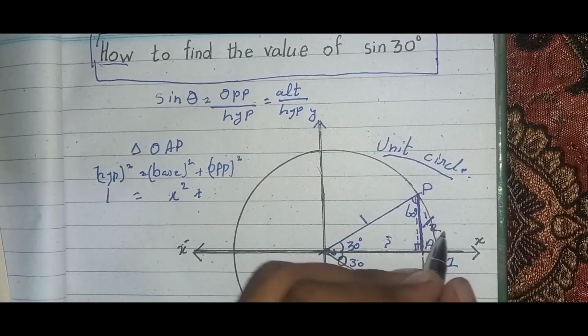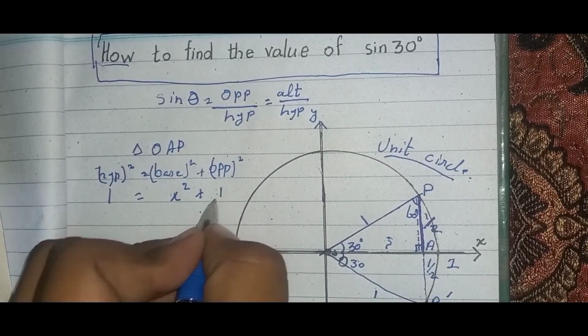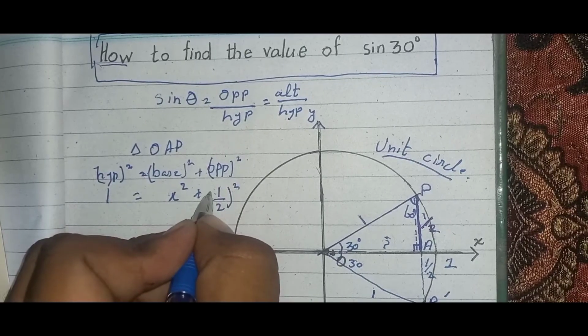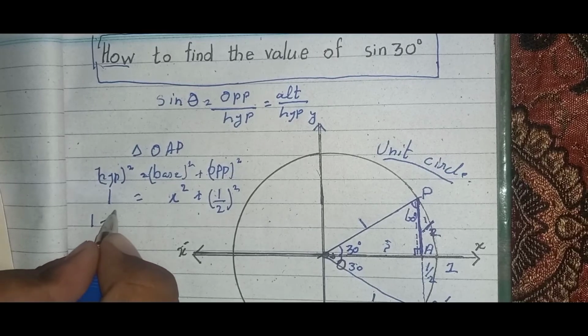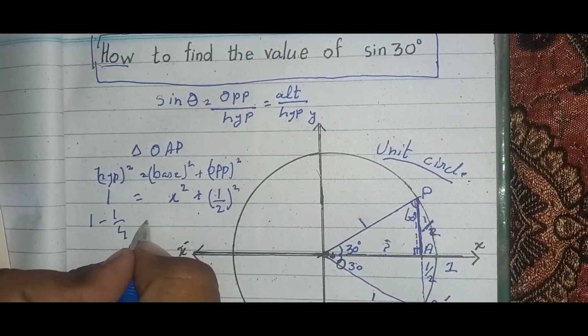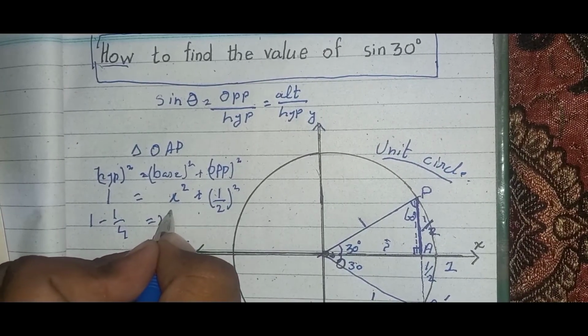The value of opposite is 1 by 2 square. So by simplifying it, 1 minus 1 by 4 equals x square.